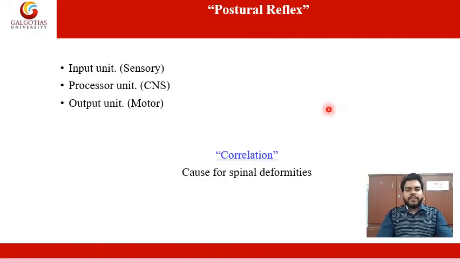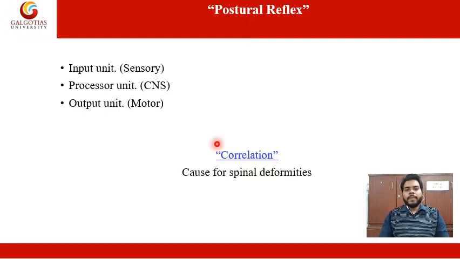Now, postural reflex: the input unit is the sensory reflex, the processor is the central nervous system, and the output is motor. First the sensory organ is activated, then it is processed through the central nervous system, then we act. Suppose we have to pick up a mobile phone from the table.